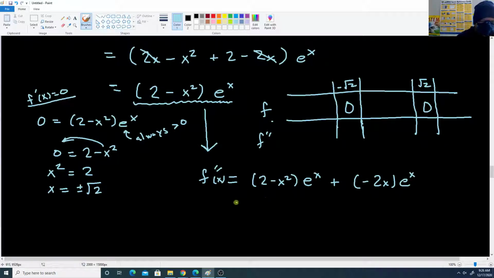We're going to factor that out. So factor those e to the x's out like we did earlier. We get 2 minus 2x minus x squared, times e to the x. e to the x is always positive.